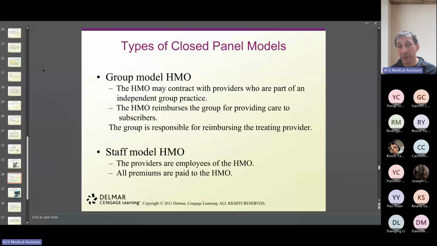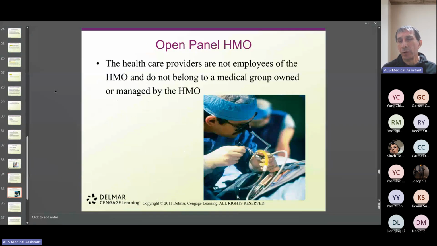So that's basically what it is. I get health insurance through an institution, so through a group. Now, you shouldn't be worried about this, but that's how it works.